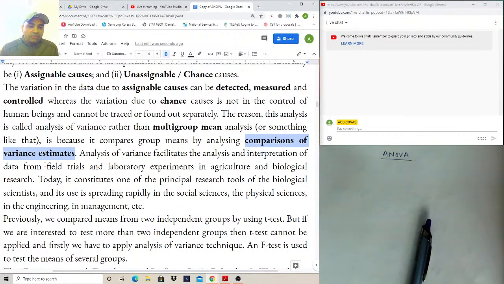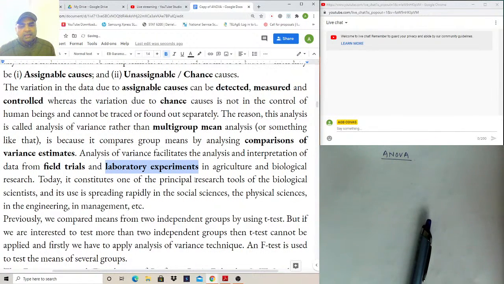Analysis of variance facilitates the analysis and interpretation of data from field trials. We conduct so many field trials, and from them you can carry out this analysis of variance. You can also carry it out in laboratory experiments in agriculture and biological research. Today it constitutes one of the principal research tools.